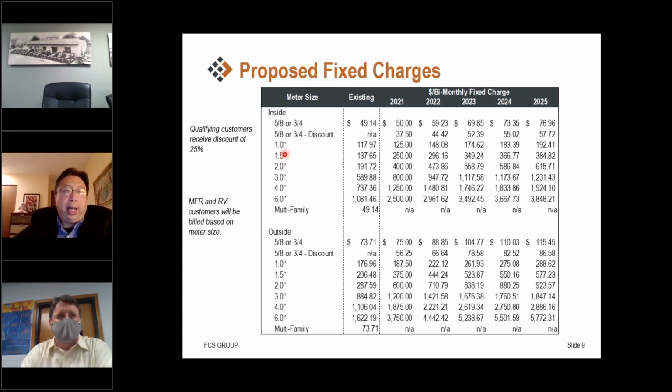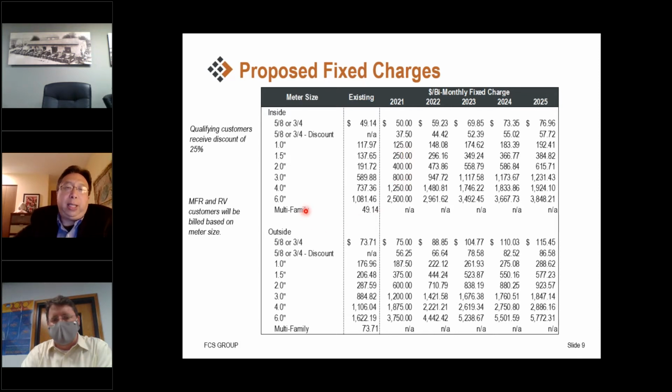Even though there's only a 1/2 inch differential here, the actual amount of water that can flow through that meter is double. So we're recommending that you follow the American Water Works Association scaling, or the ratios, for your meter sizes.